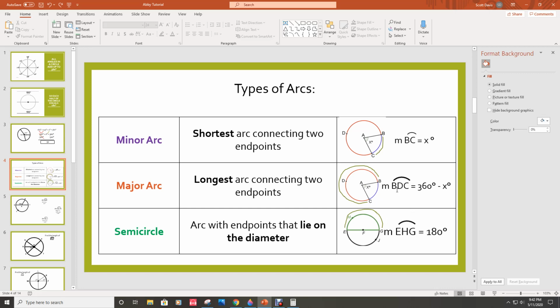The other one only had 2. This one includes B and D and C. So B and C are the endpoints. It's like a sandwich. You've got your B and C, those are your endpoints. So the way you figure it out is your formula is 360 degrees minus whatever angle they have already given you.